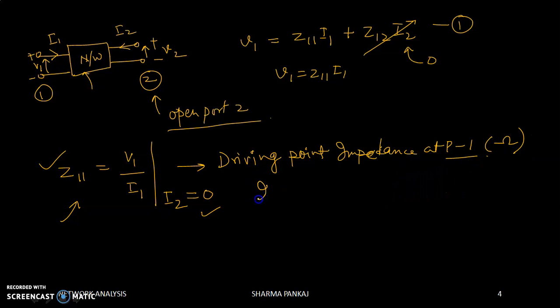This is your input impedance. Please keep in mind that Z11 is equal to V1 upon I1, which is your input impedance value. Now likewise Z21. For Z21 we are going to have this equation.